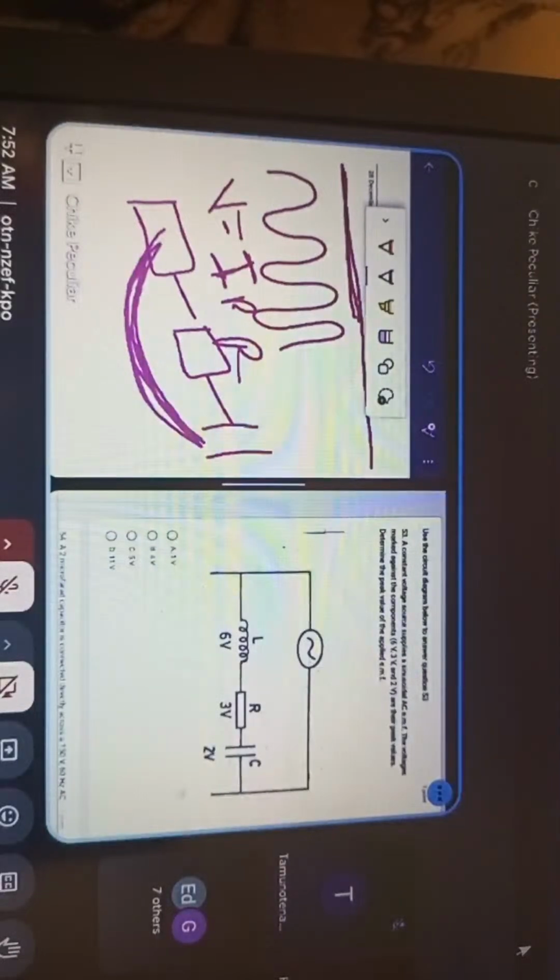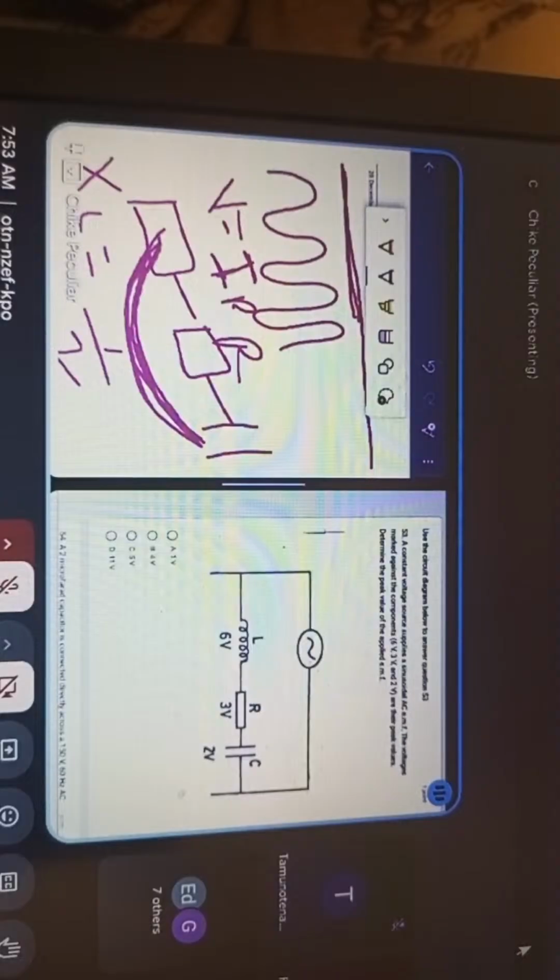They're working against each other because in your inductor, for example, the formula is 1 over 2 pi FL. Your inductor, the current is lagging by 90 degrees. For your capacitor, it is leading.